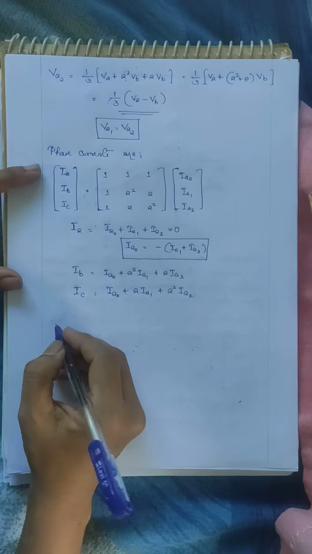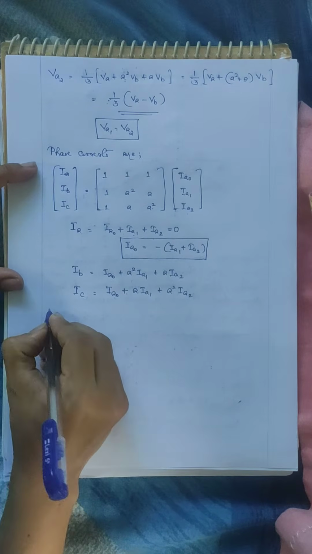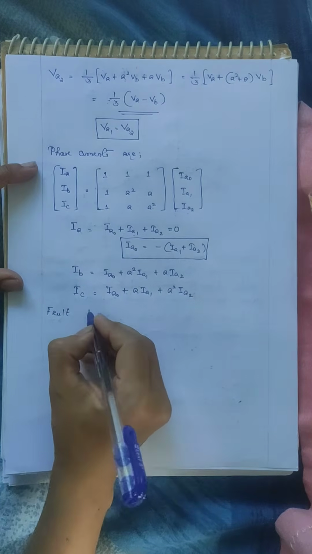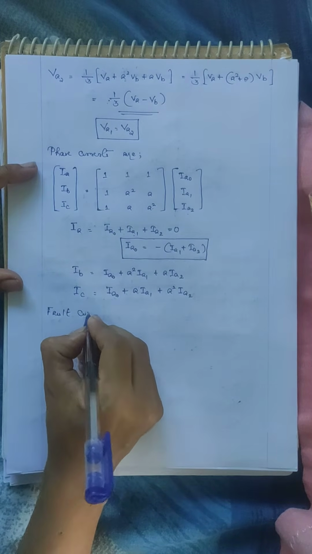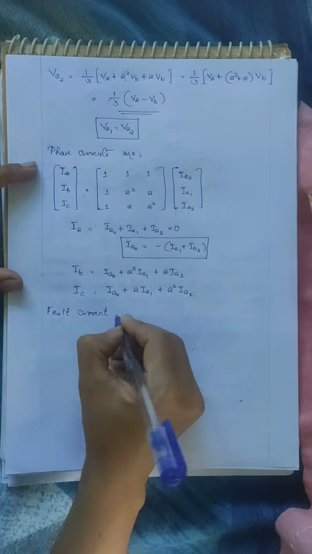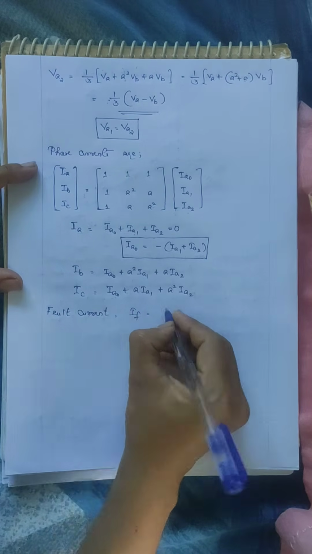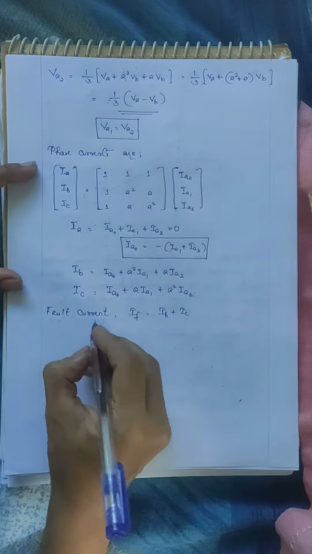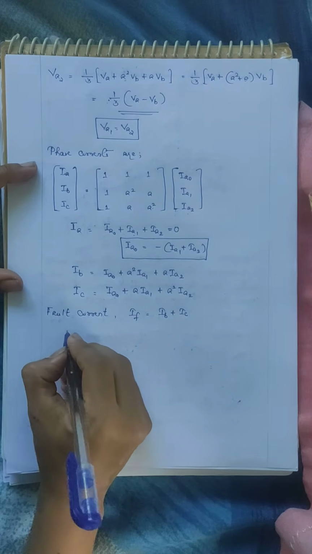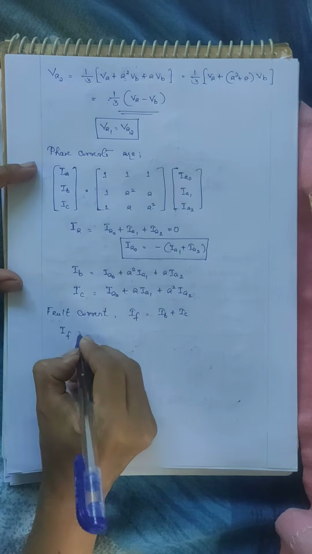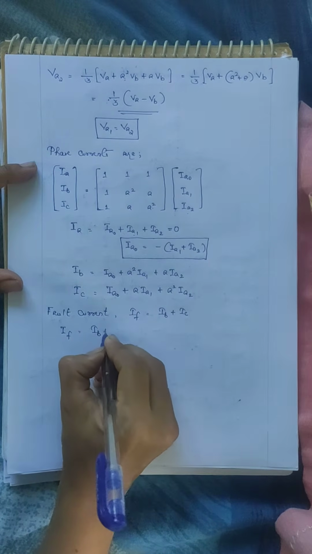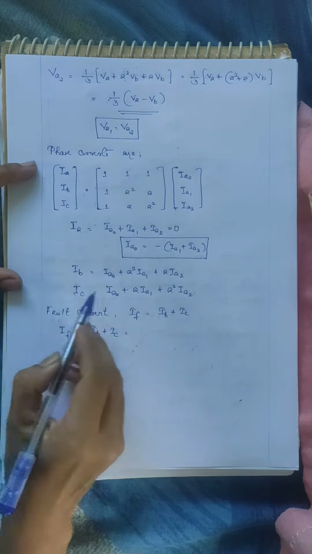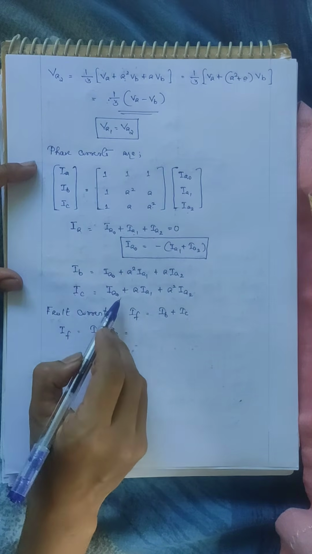We have to derive the expression for the fault current. In case of a double line to ground fault between phase B and C, the fault current IF is equal to IB plus IC. So let us add these two expressions.